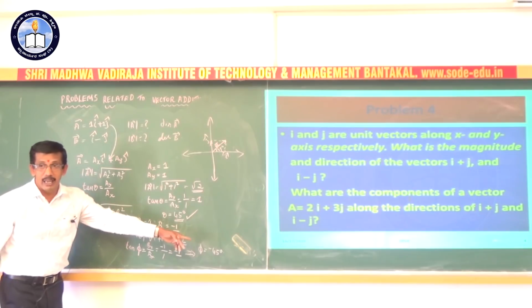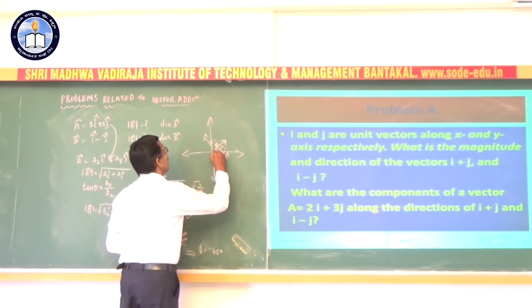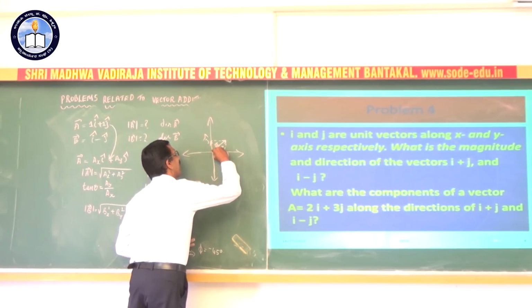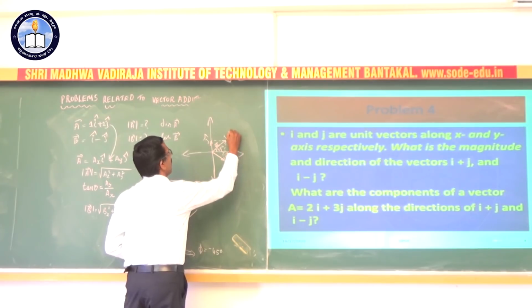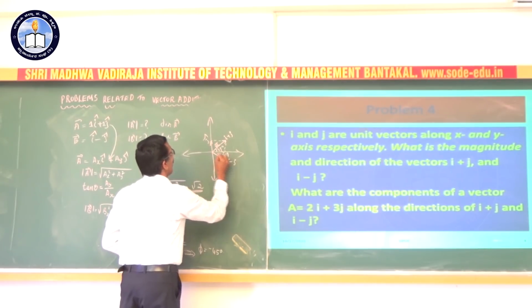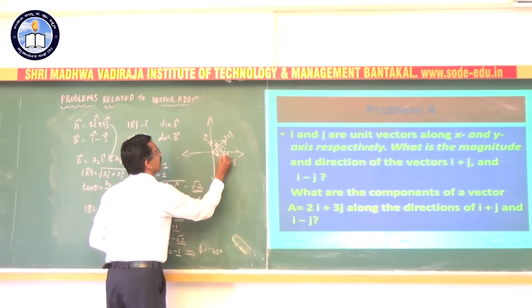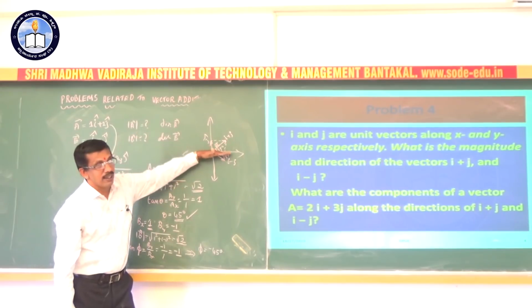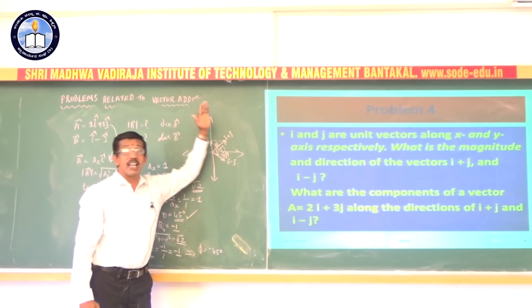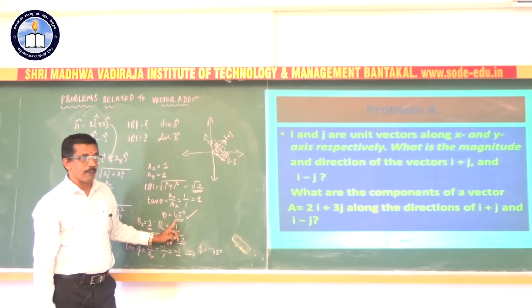Minus 45 degree means what? It means you are measuring the angle in the clockwise direction. This is i plus j, this is i minus j, and this angle is minus 45 degree. If you measure the angle in the anti-clockwise direction with respect to positive x-axis, the angle is taken as positive.